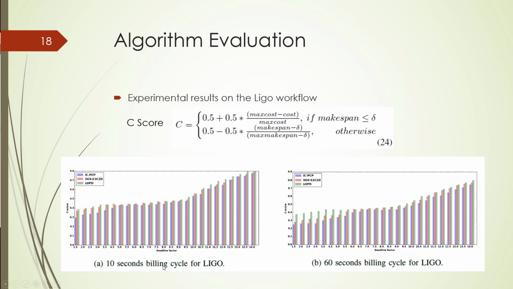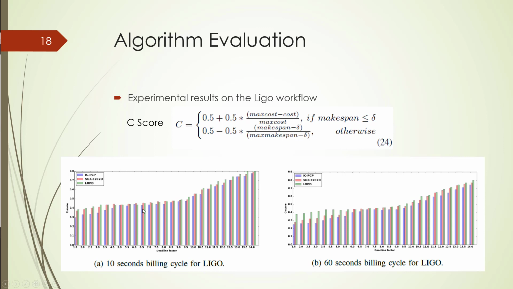So here you can see for this 10-second billing cycle for the LIGO, they tested different planners: IC-PCP, SGX, EC2, and the LPOD algorithm. You can see that the green one is the LPOD algorithm.